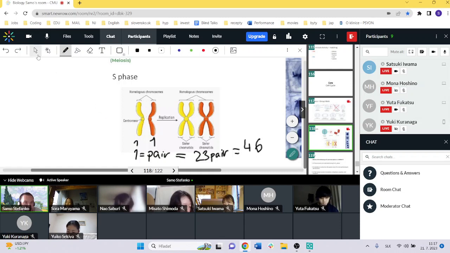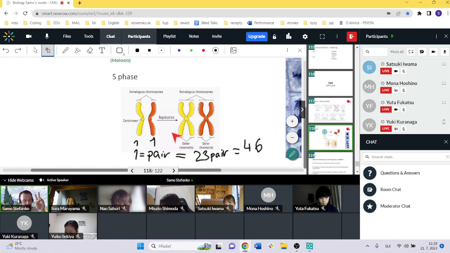This is one chromosome and it has one chromatid. Right? So far, guys? After replication, we still have one chromosome, but two chromatids on this picture.